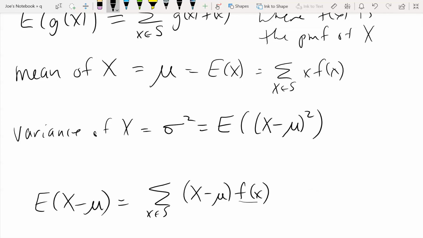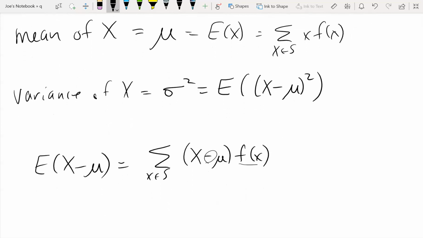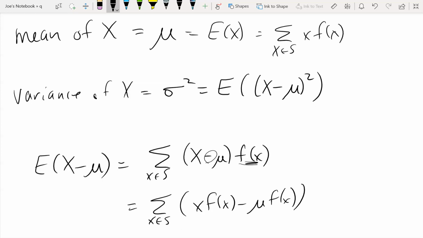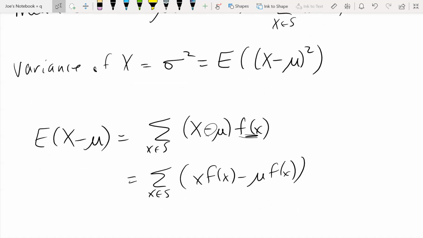What can I do with the f of x relative to this minus sign here? I've got f of x outside these parentheses. What can I do? Oh, there's a good word. I'd have that, right? And now I've got a summation with a difference in the middle. So what can I do with this sum relative to that difference? I can split it up.